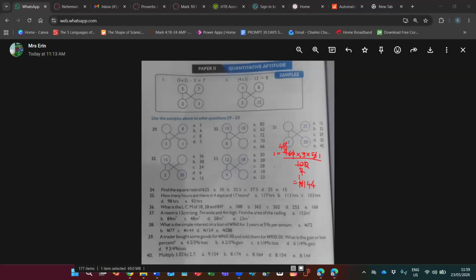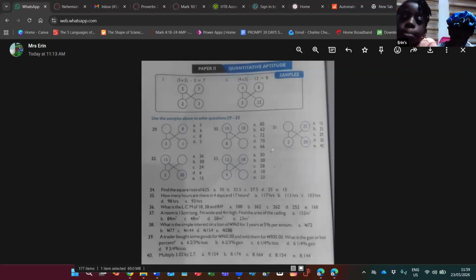So what's the formula for gain or loss percent? We have agreed that it's a loss. But what is the formula for that? I'm waiting. 960 minus 900. That is 60.